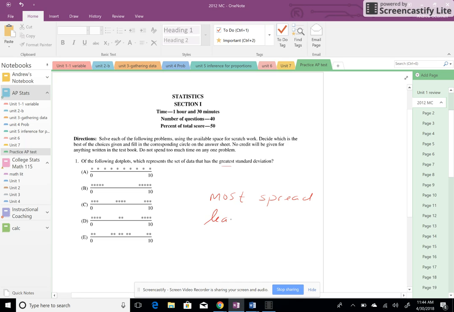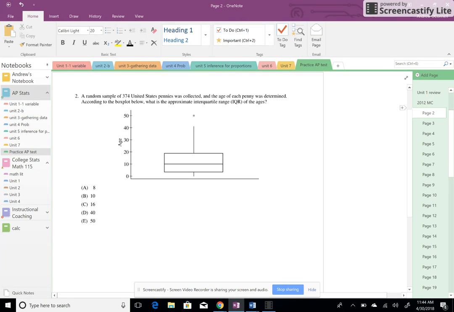So I think once you interpret this as least centric, this should pop out. One of these definitely has very little in the center, least centric and most spread, so I'm not going to answer that one.